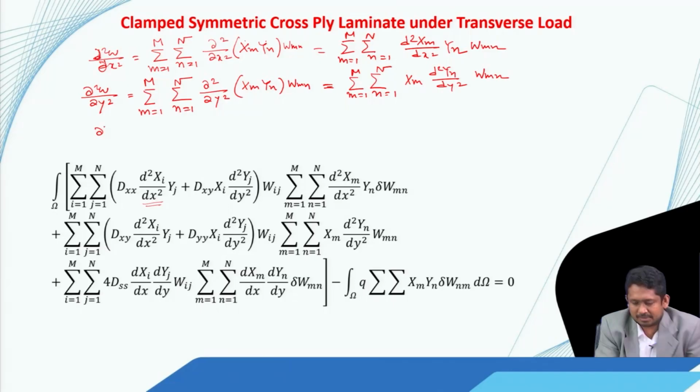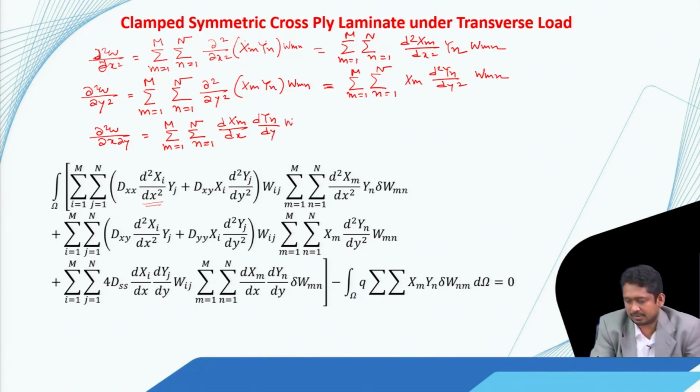Then similarly del 2 w by del x del y can be written as summation small n equal to 1 to N and m equal to 1 to M, and then we can write this as d X m by d x, d Y n by d y, and w m n.